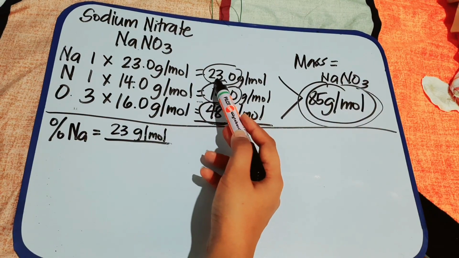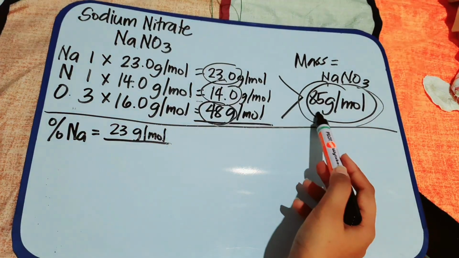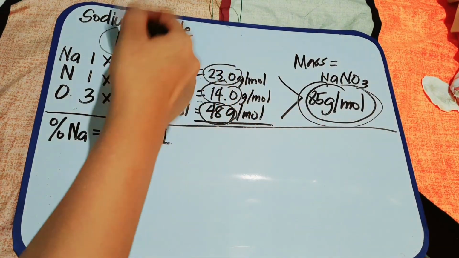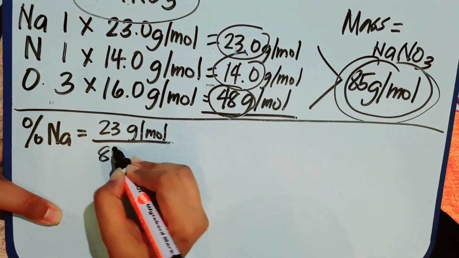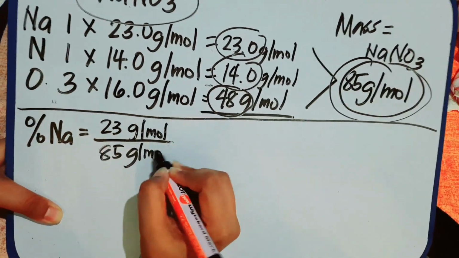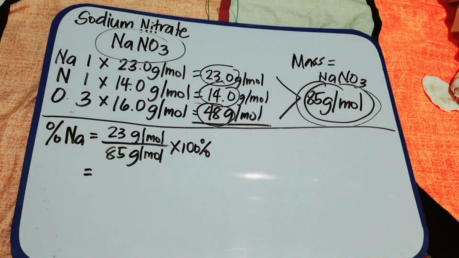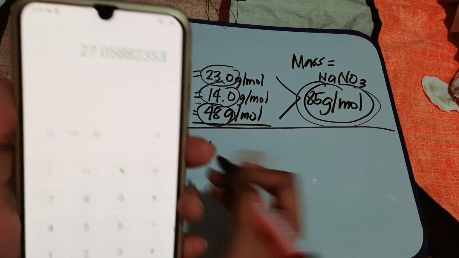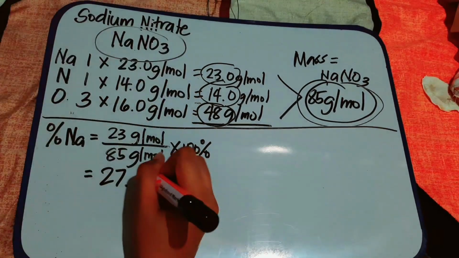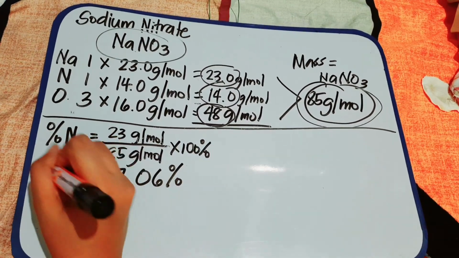Okay, yung mass ng element, ito yun. Okay? And then, ano yung mass of compound? Yung mass of compound, ito yung na-compute natin. Kasi ito yung mass na nung buong sodium nitrate. Okay? So, to get that, so we have 85 gram per mole times 100%. So, we arrive with 27.06%.